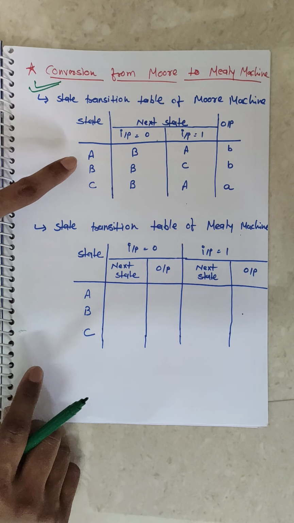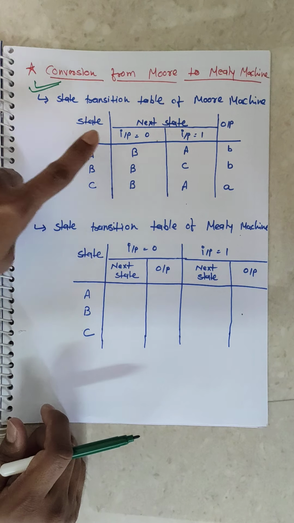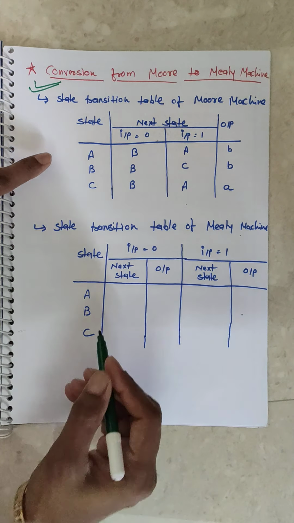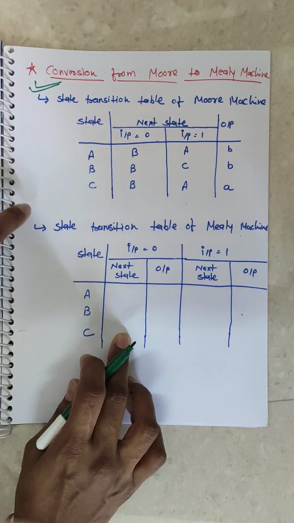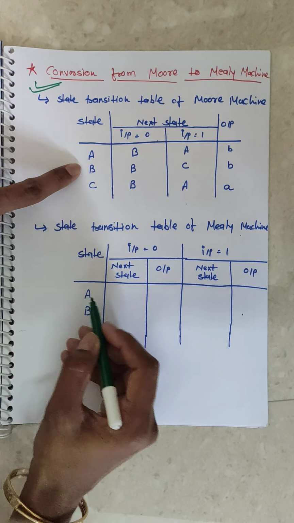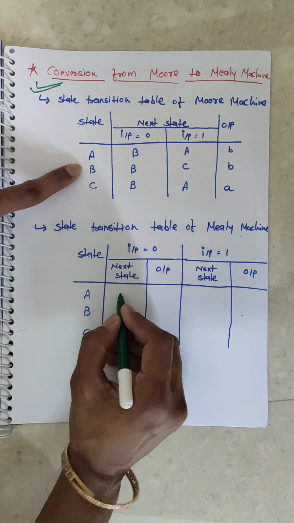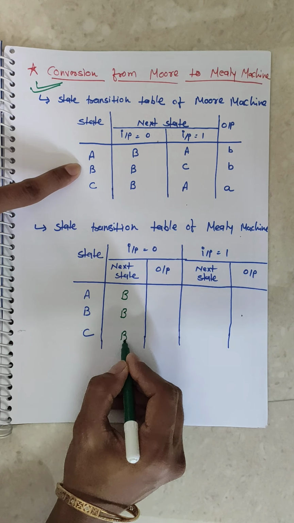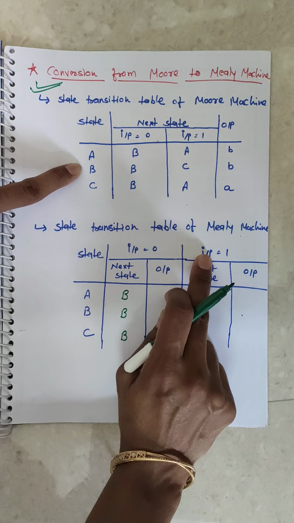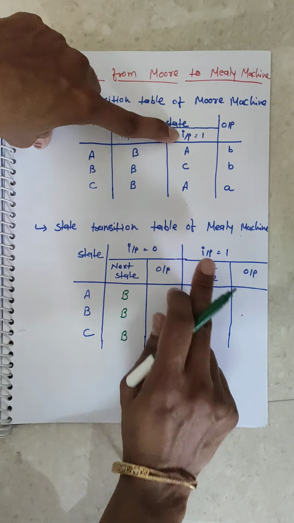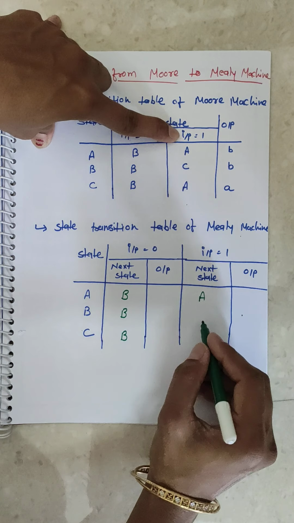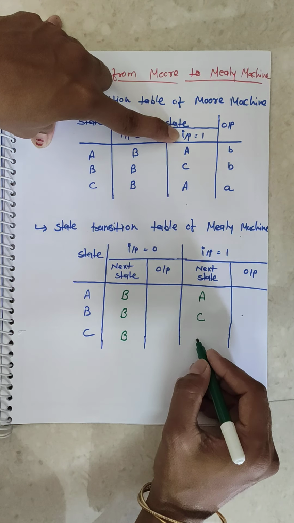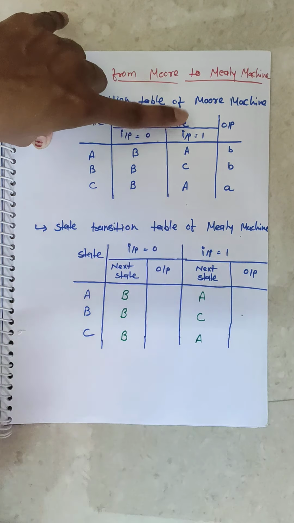First, the next state for each input in the Mealy machine is the same as in the Moore machine. So for A, if input is 0, the next state is B. Same way for B and C. As well as if input is 1, the next states of A is A, B is C and C is A.